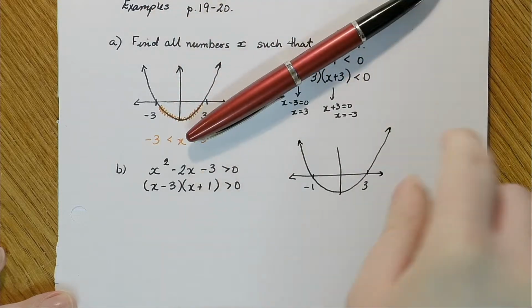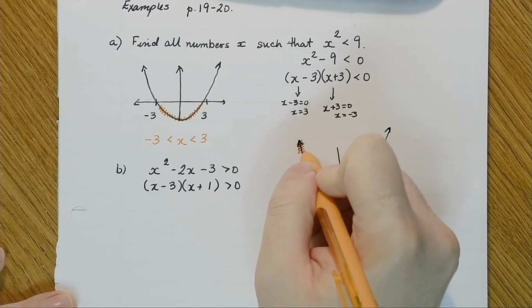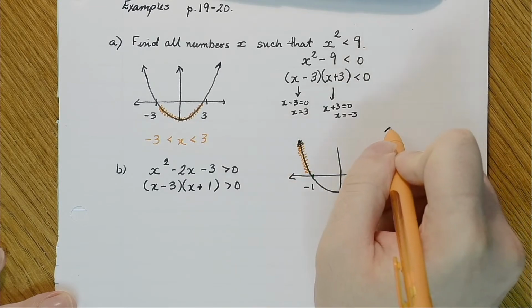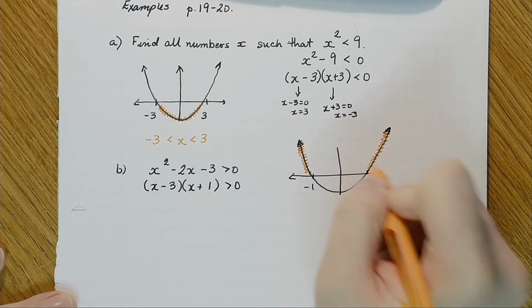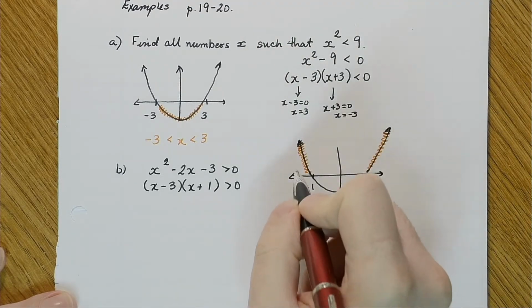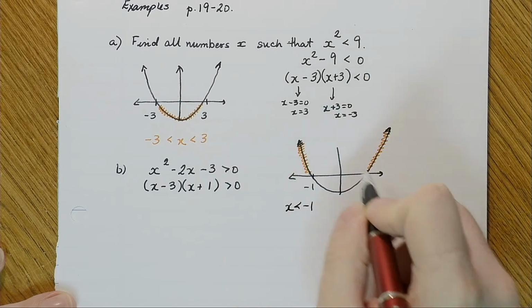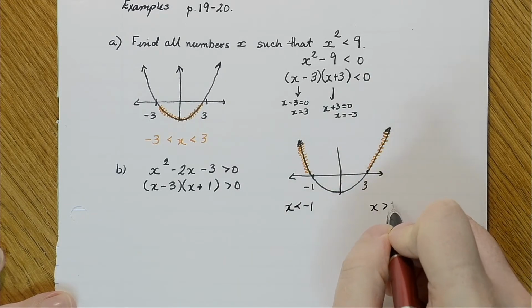But this time it's asking for where it's greater than 0. So it's all of this part here in the graph, so it's everything that's less than minus 1 and greater than 3.